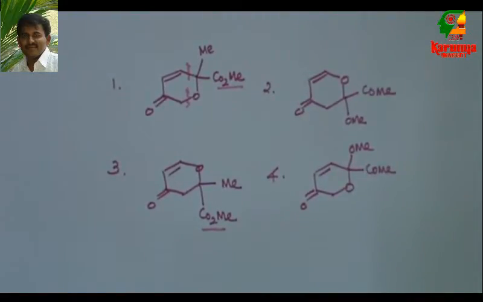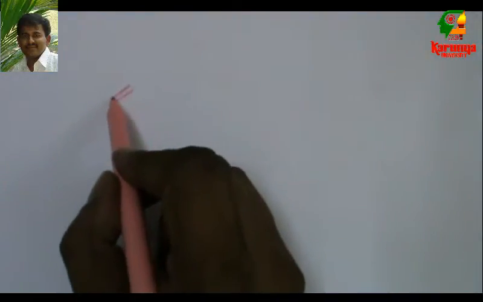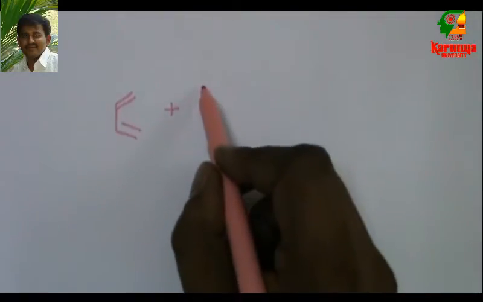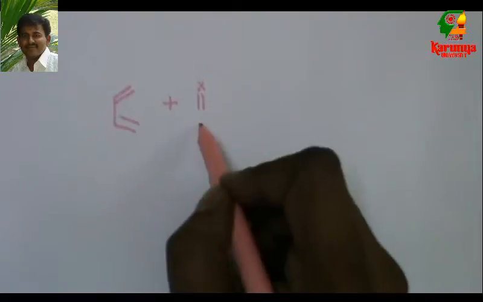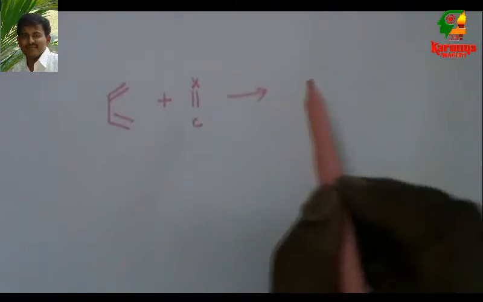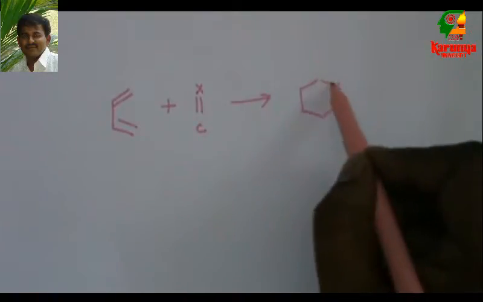Now, which one of these is facile? First, let us see what is hetero Diels-Alder reaction. A diene in the cisoid conformation reacts with a carbon-heteroatom double bond to give a cyclized product.